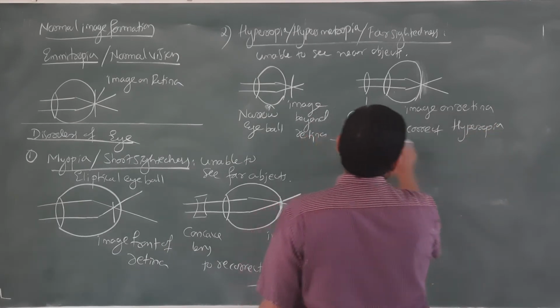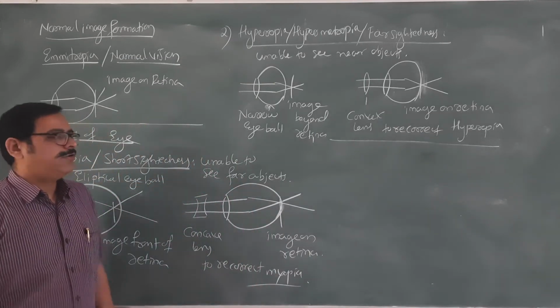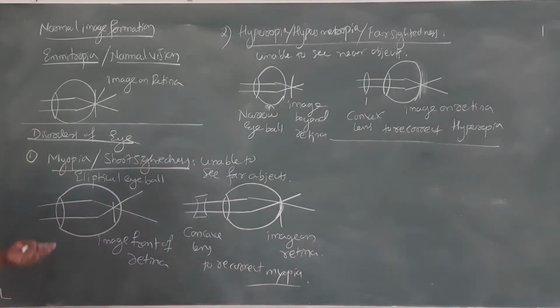This is mainly the disorders. One is myopia or short-sightedness: unable to see the far object but able to see the nearby. The eyeball is very much elliptical, and the image forms in front of the retina. To make the image fall on the retina, a concave lens is used.